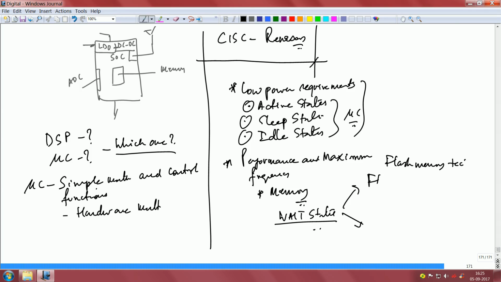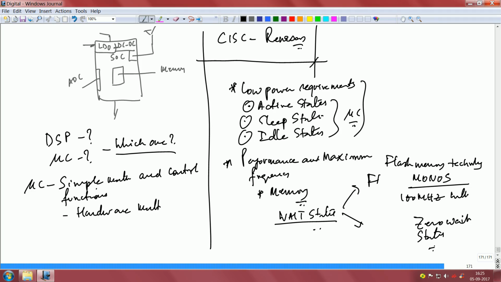Flash memory technology, let me say, affects the calculation. So, MCUs that use MONOS flash technology can run even at up to 100 megahertz without, this is important, without wait states. That means, let me put it this way, with 0 wait states.